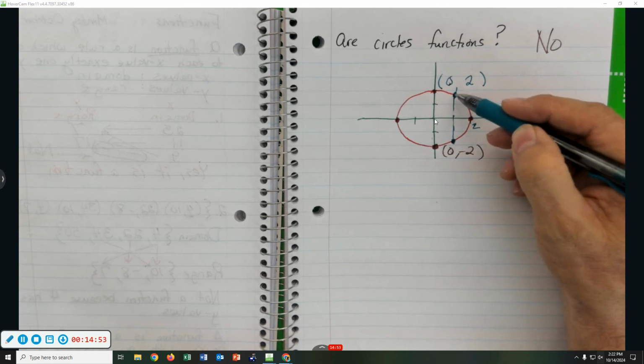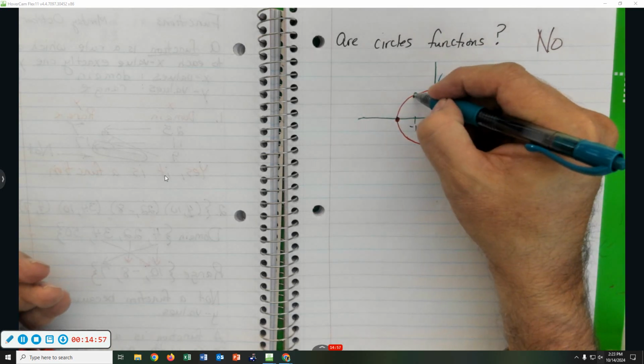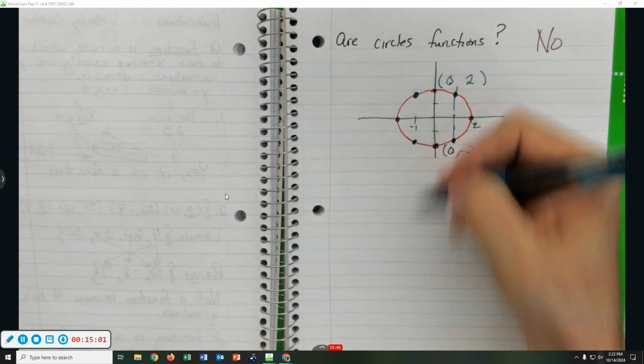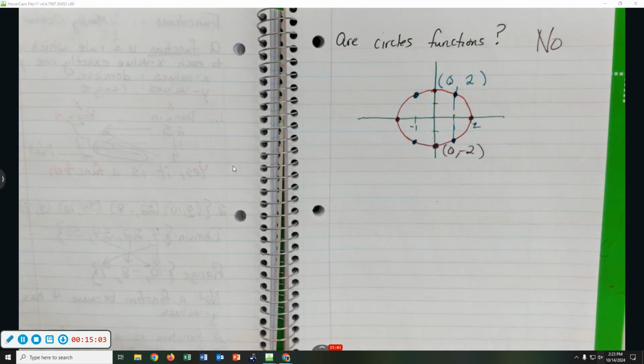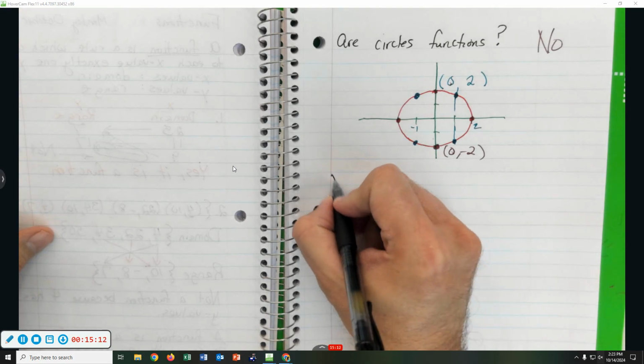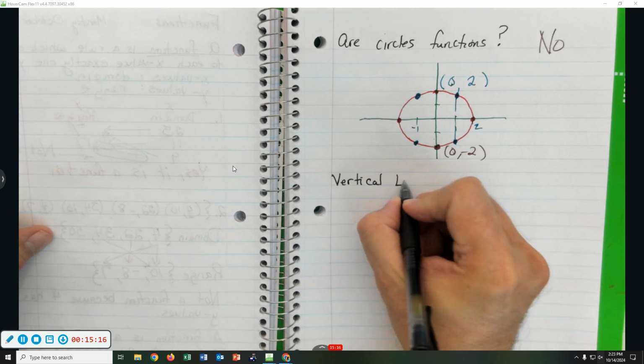Like right here, here are two ordered pairs that have -1 as their x value. So circles are never functions. In general, this is something called the vertical line test.